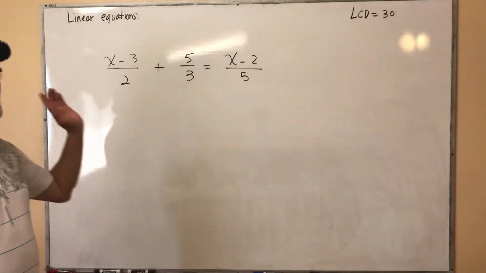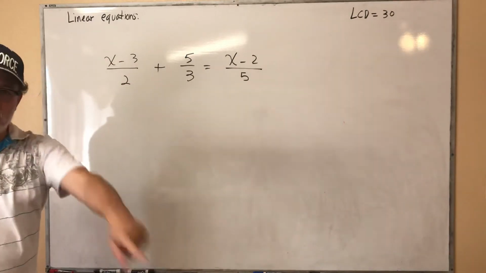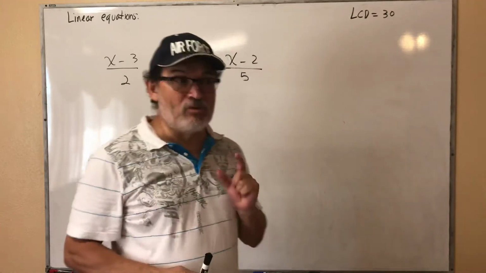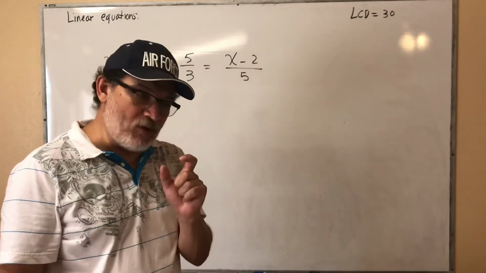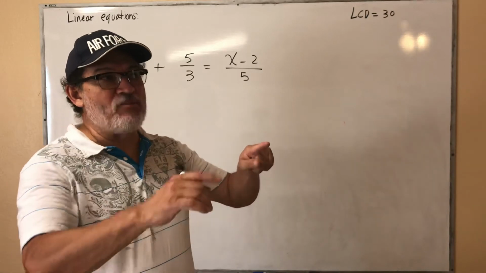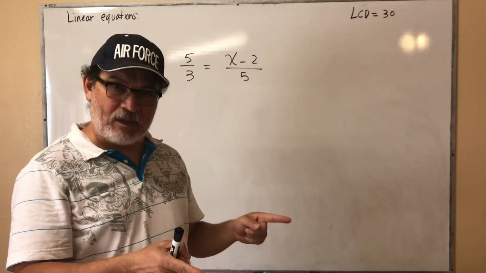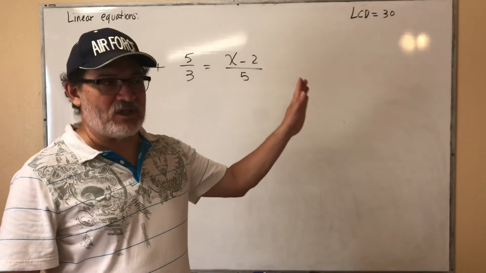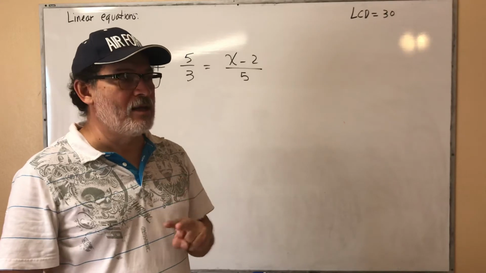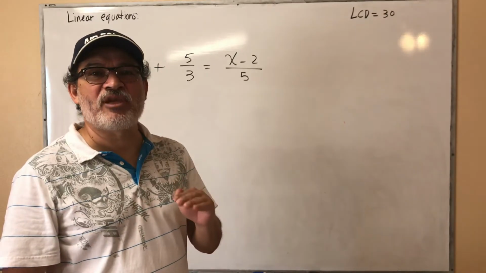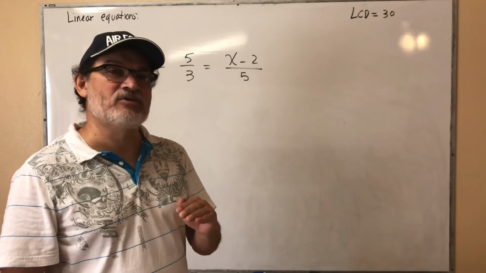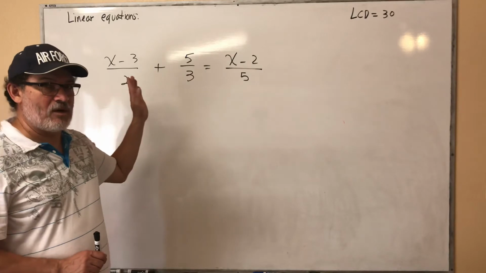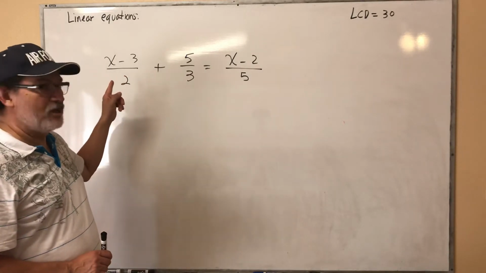And then multiply all numerators by the LCD. If the numerator has a binomial, you write that binomial within parentheses. First, you find the LCD. Second, you multiply every numerator by the LCD. How many numerators do you see? 3.